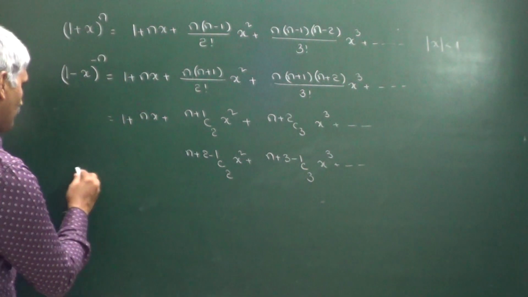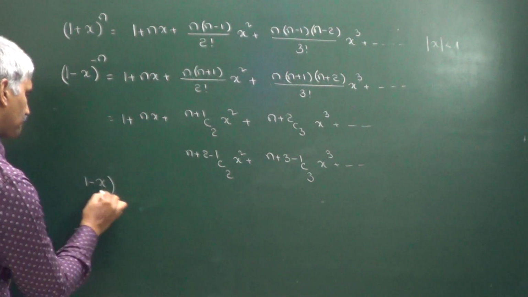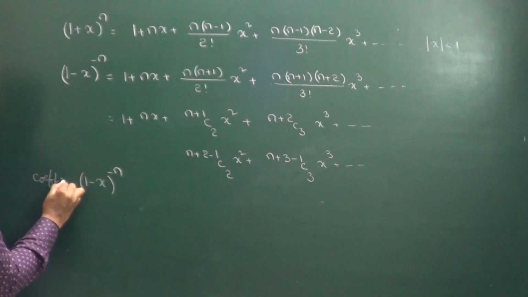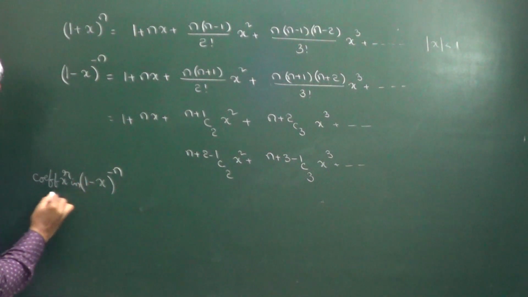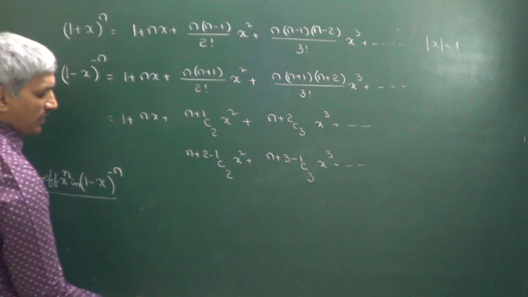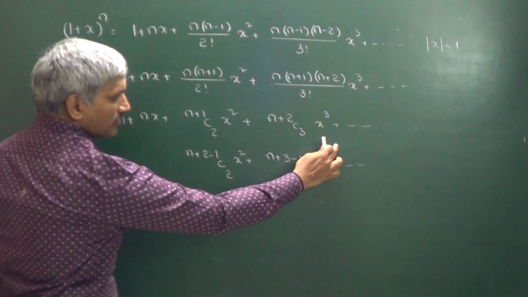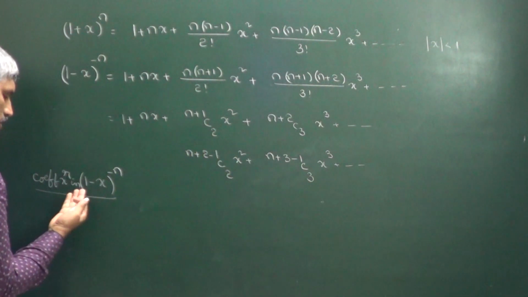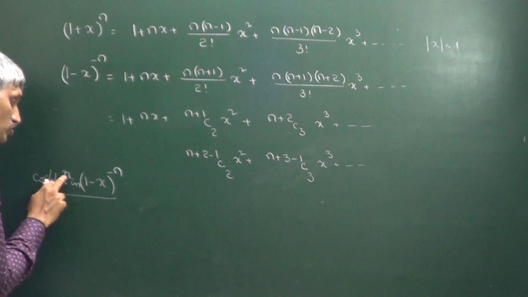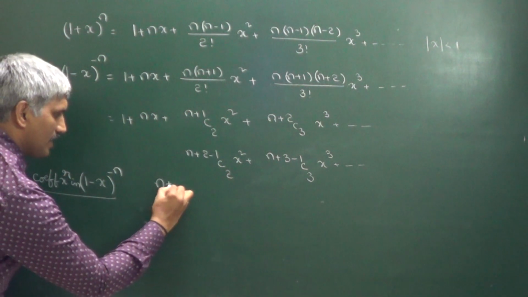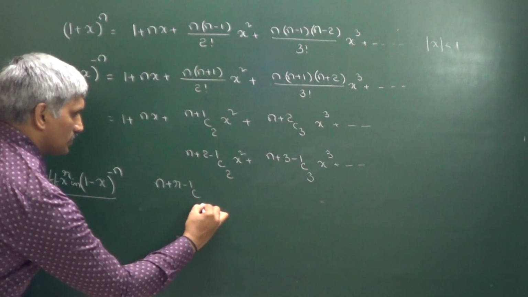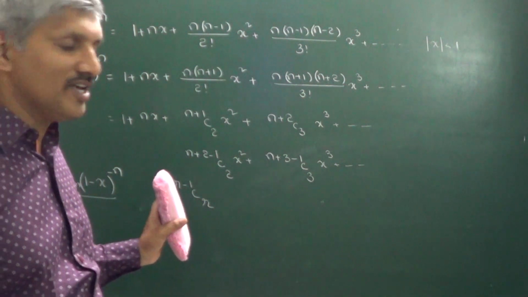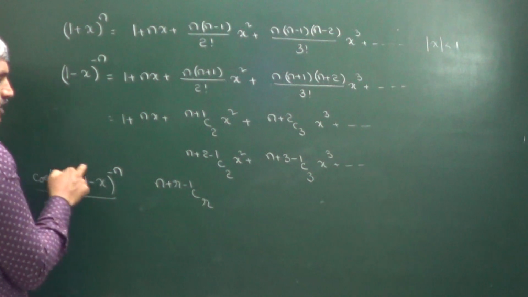Now tell me, in the expansion of (1 - x)^(-n), what is the coefficient of x^r? The x³ coefficient is (n+3-1)C3 and the x² coefficient is (n+2-1)C2. In this expansion, the coefficient of x^r is given by (n+r-1)Cr.